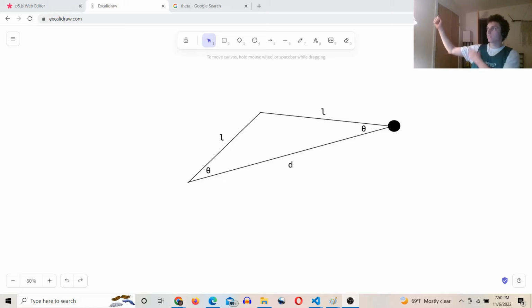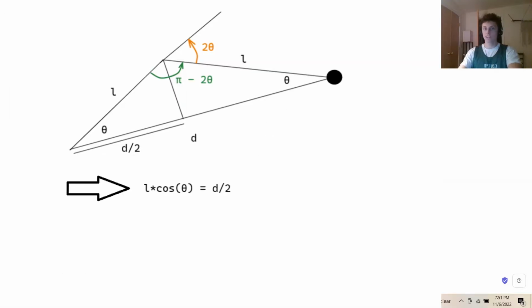If you make the assumption that the length of your upper arm and your forearm are the same, you can get pretty far with just this. So looking at this, all we're going to have to do is define the distance from where we want the hand to the shoulder. D divided by 2 would be L cosine theta.